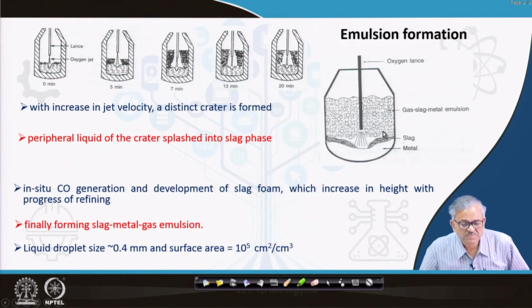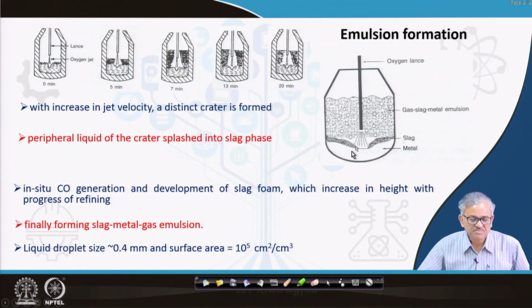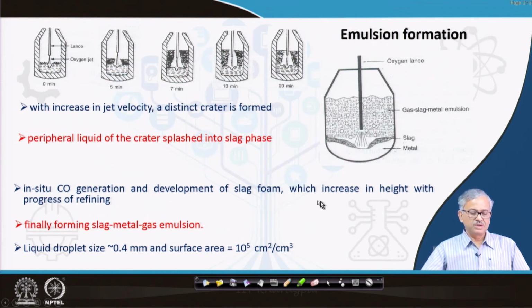Here is the nominal surface area, this is the slag, this is the metal, and the slag metal interfacial area is very small, but here a tremendous amount of liquid droplets are there. As a result the surface area increases tremendously, and that is responsible for the very high kinetics of the process.